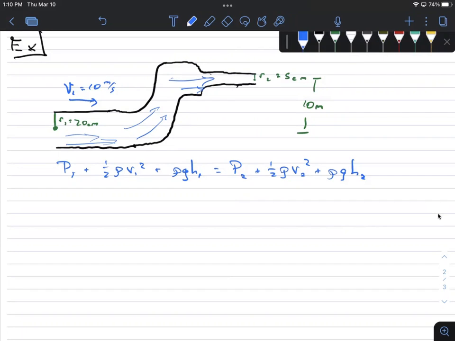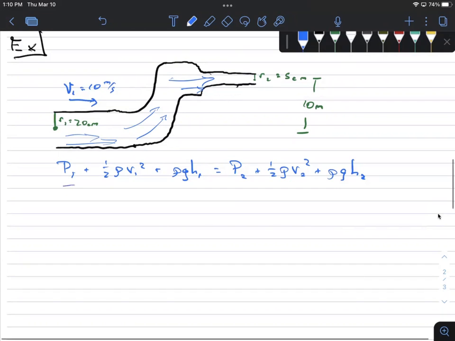Is there a change in height in my system? Yeah. So if there's a change in height, then I need to keep the heights because that's going to be important. What about velocities? Will there be a change in the velocity in this problem? Wait, so would it be gravity since there's not going to be a change in gravity? Well, gravity, that's part of the term that has height in it. So even though the gravity doesn't change, because the height will change, you still need to keep G.